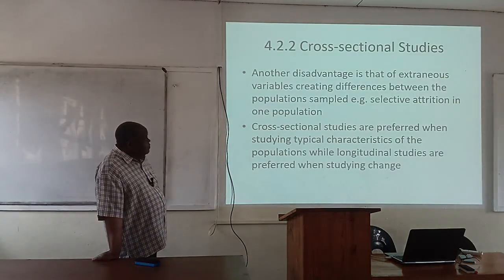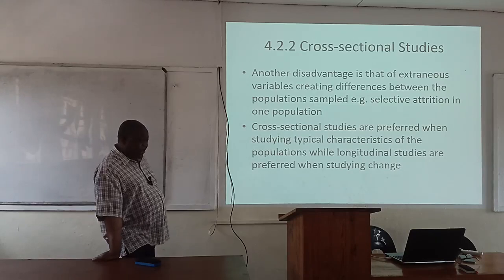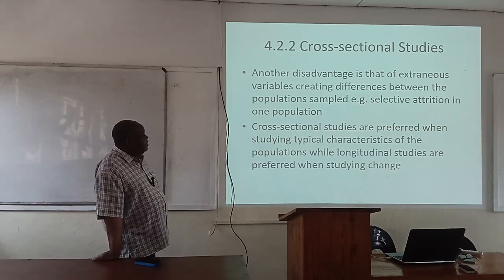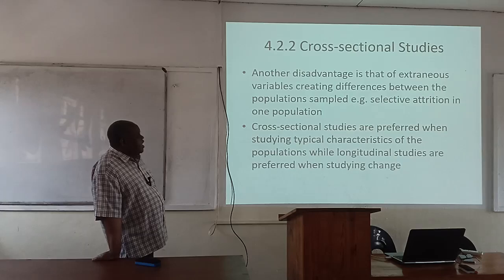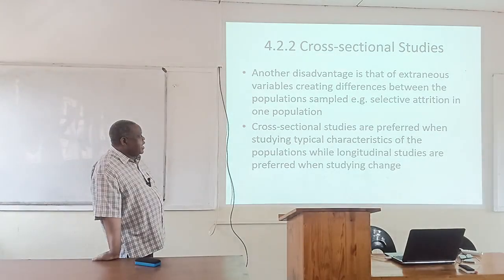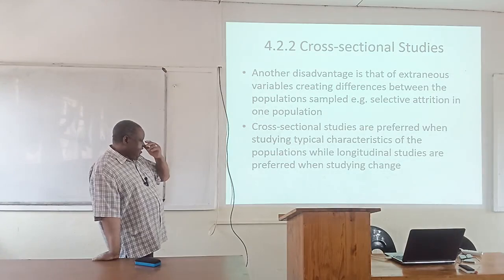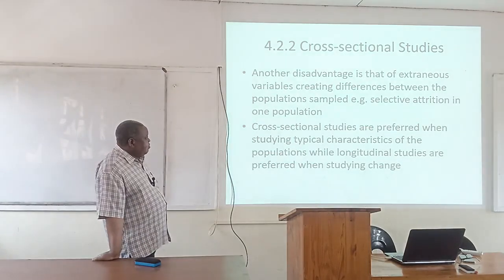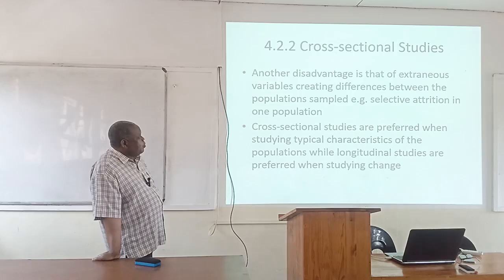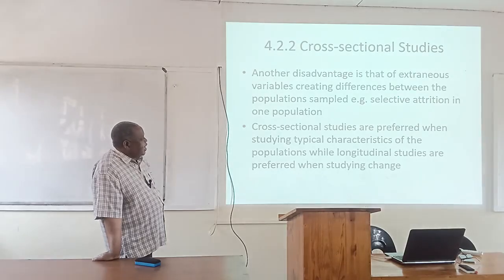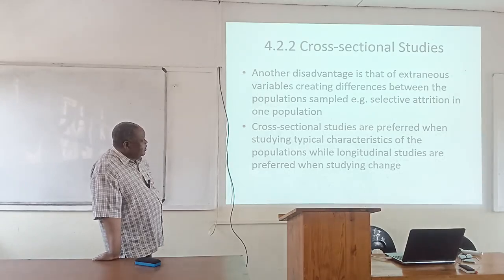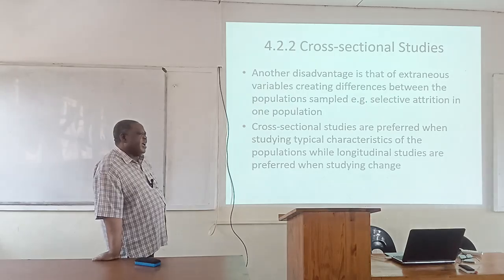Another extraneous variable which can cause problems in interpreting the results is the situational variables which occur in the study period. For example, selective attrition in the population.